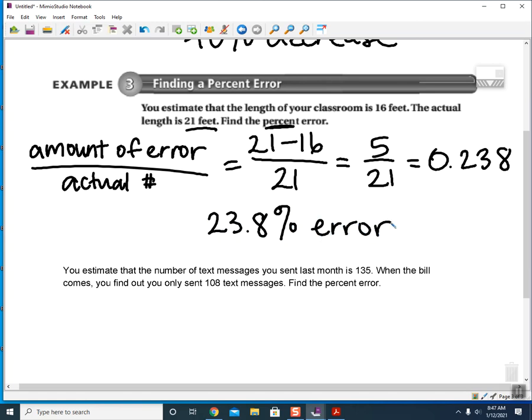Okay, this one we're not talking about increase or decrease because your amount isn't changing, right? I'm just talking about how far off was I? Well, I was 23.8% away from the actual number. That's all that this is asking.